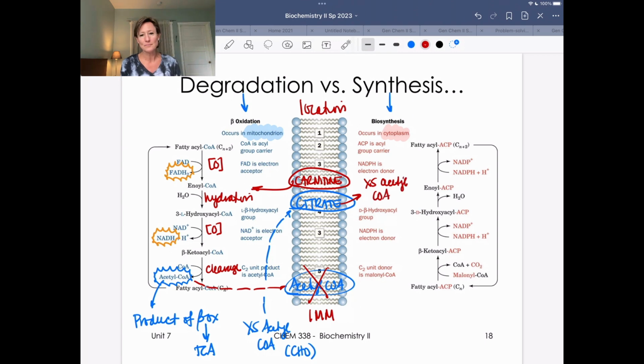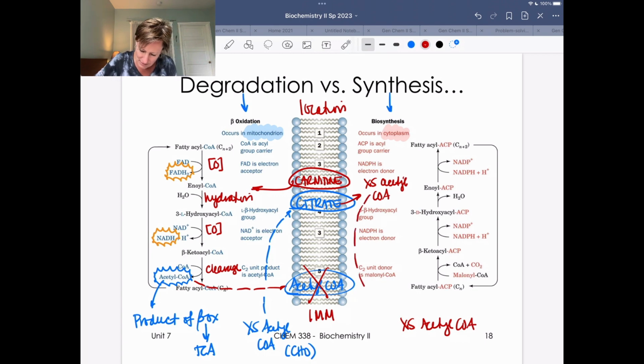So the key here, and it should make sense, is that we are only going to be doing fat synthesis if we've got an excess of acetyl-CoA. We've talked about that. So we're going to start at the bottom half of this slide, because it was degradation, going from fatty acids down to acetyl-CoA on the left. On the right-hand side, we're now going to have excess acetyl-CoA.